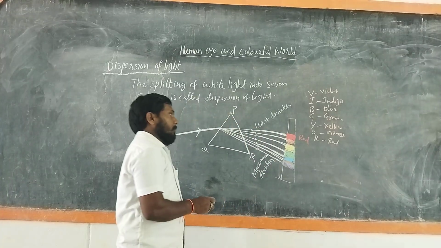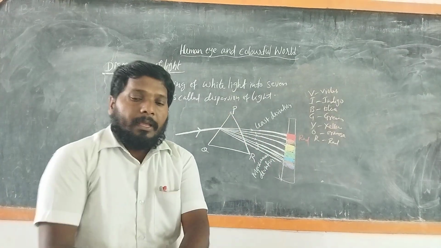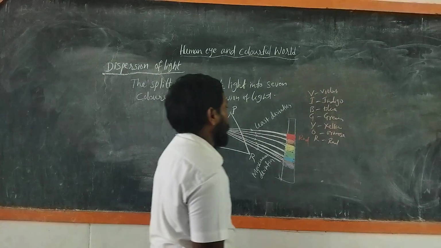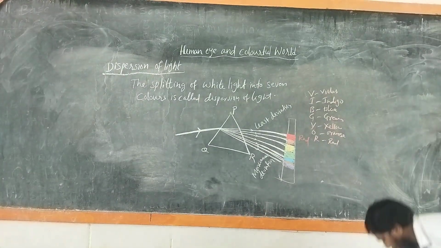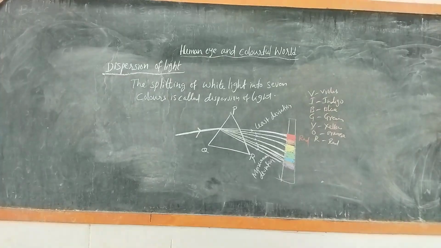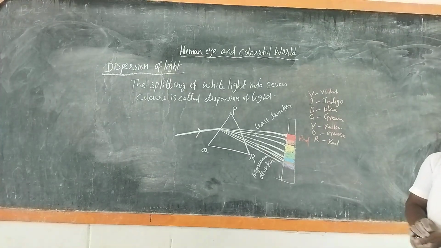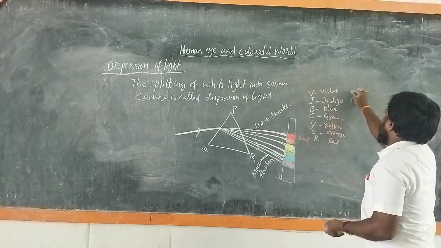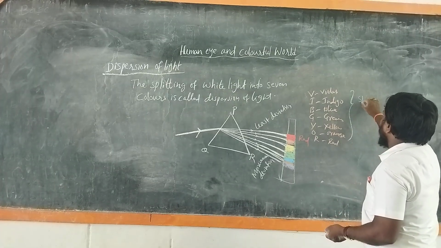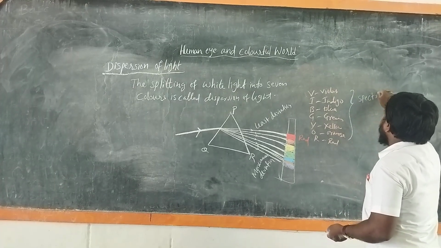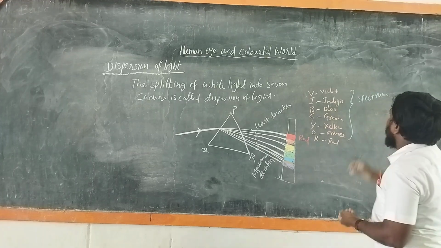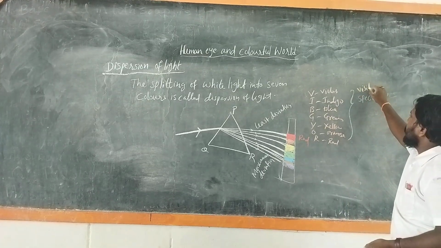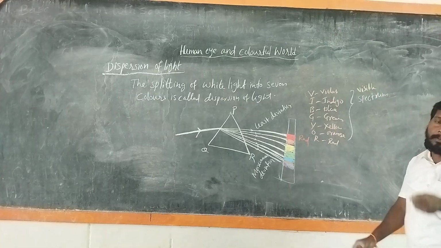So we observe that a colored band is formed on the screen. The colored band is called a spectrum. It has 7 colored bands. The 7 colored band is called a spectrum, and since we are able to see it, we can write visible spectrum.